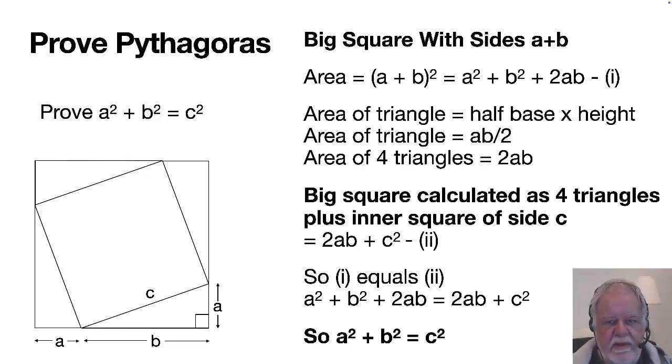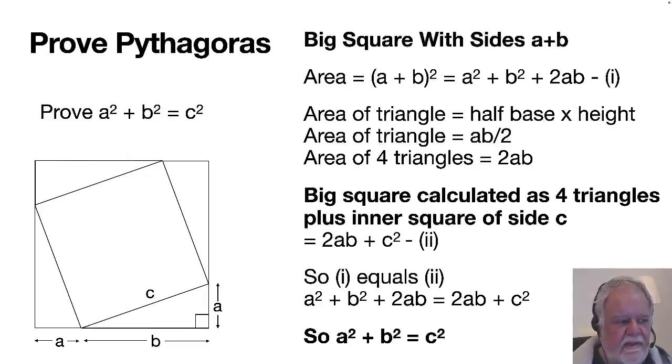Cancel out the 2ab on both sides and you've got a squared plus b squared equals c squared. Easy, yeah? Well, it's easy if you're familiar with these kind of things, but that is one of the easier proofs of Pythagoras, that a squared plus b squared equals c squared.